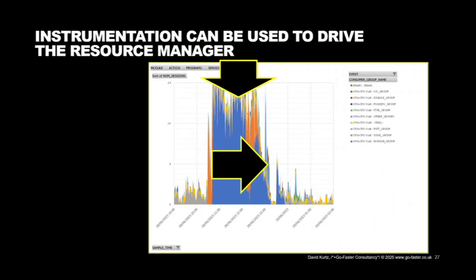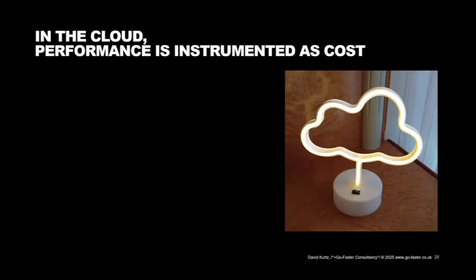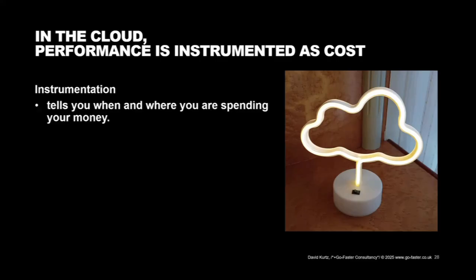And that's the combination of instrumentation and the resource manager. And that, I would suggest, is the justification for doing this. So instrumentation tells you when and where you are spending money, and the resource manager controls how you spend it. And that's why you instrument an application.